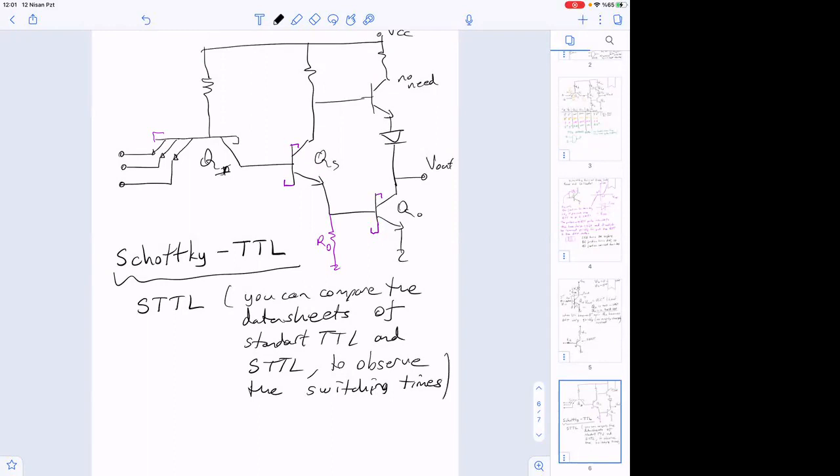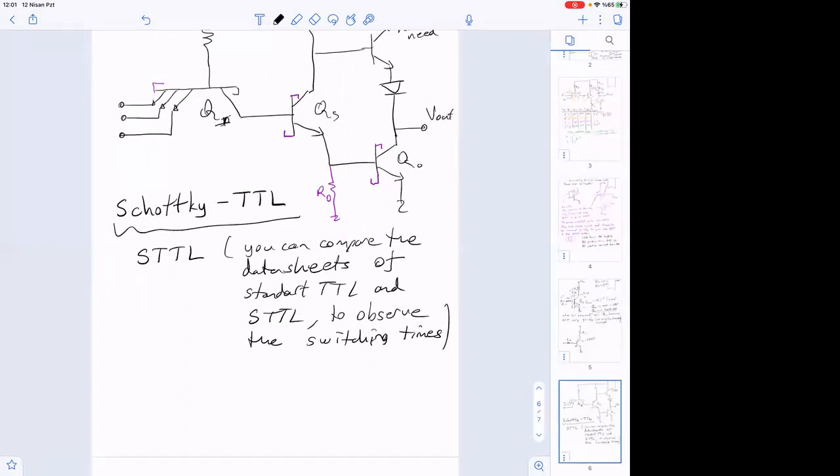Okay, to observe the switching times, and then you know, the switching time of STTL is much faster with a very simple trick. That's what is obtained. Of course, this means maybe the output voltage is not 0.2.